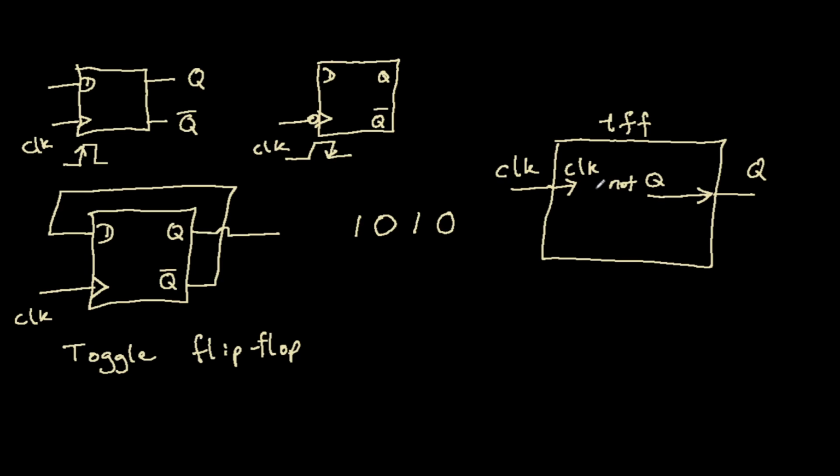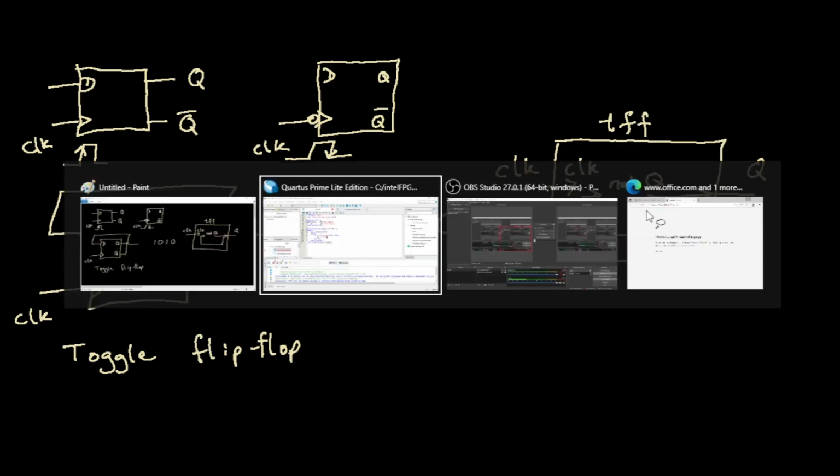So what we are going to need to do is that inside this entity, we're going to have to define a signal, define a wire if you want, that we can bring backwards and now say not of whatever is in that wire. And that is what we can now send to the output. So we need a wire in here, and wires are called signals in VHDL.